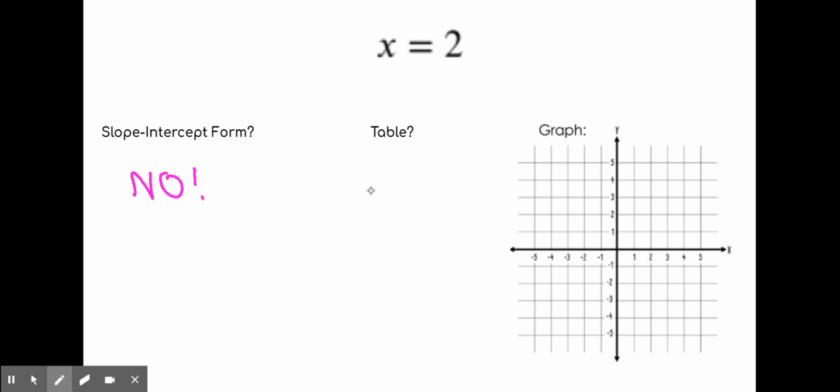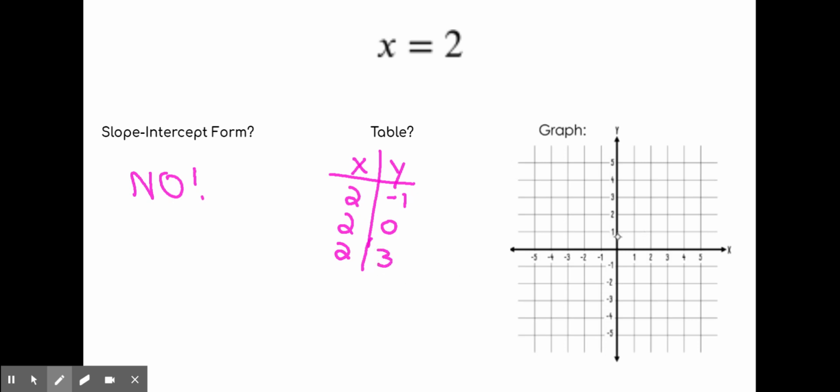Y equals mx plus b. So let's use a table. What are they telling me about this line? They're telling me that x always equals 2. So let's choose three values of 2 for x, and let's pick whatever we want for y. Let's let y be -1, y be 0, y be 3.